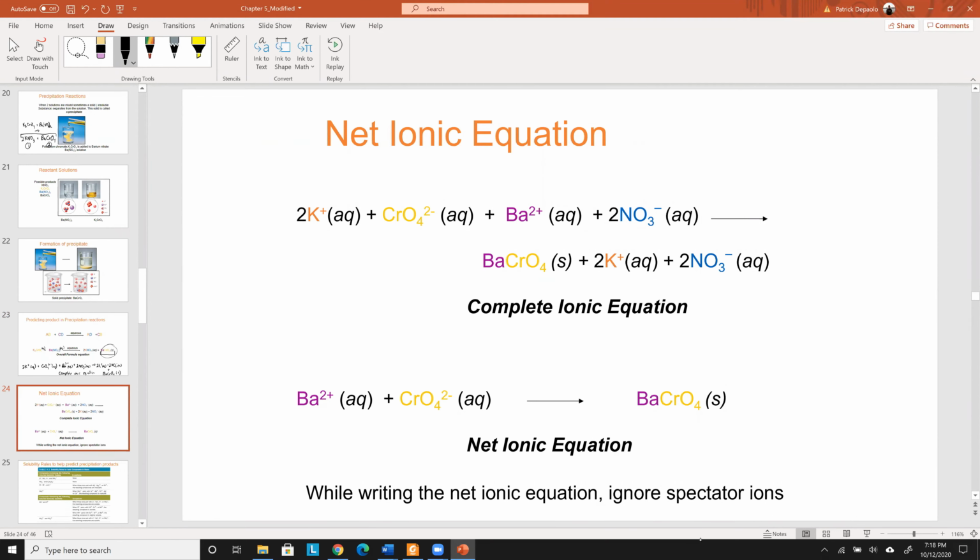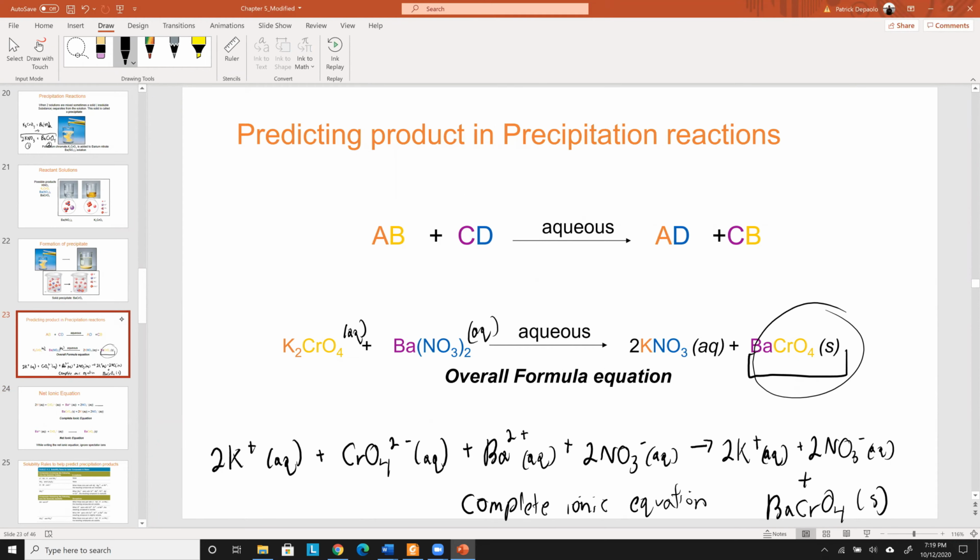So it tells you, out of the entire complete ionic equation, or the entire formula equation, which two ions are contributing to the solid. And everything else is excluded because everything else is considered what we call a spectator ion. That's just going to be in the solution. But you can kind of think to yourselves, we're pretty smart. You can be like, all right, why can't I just write that in the first place, right? You could, but the idea here is more conceptual.